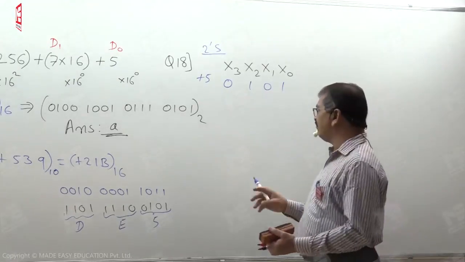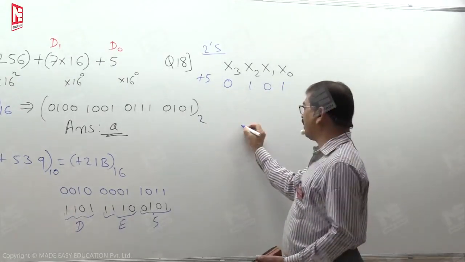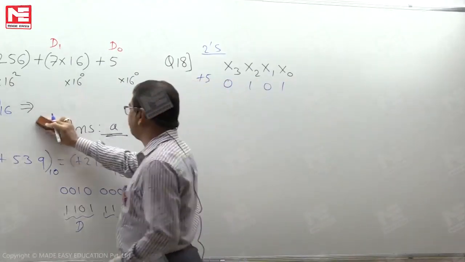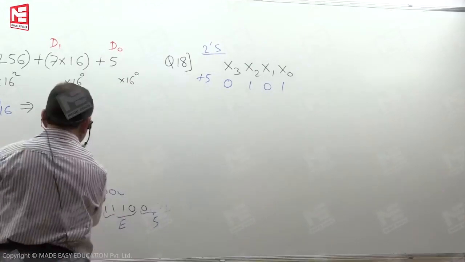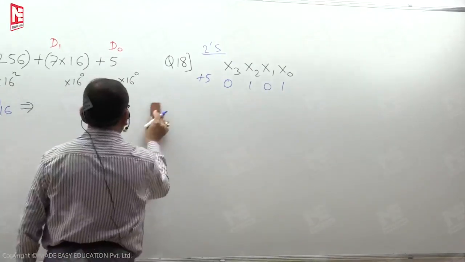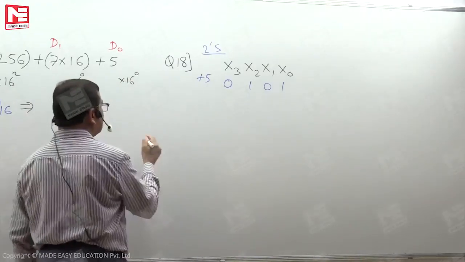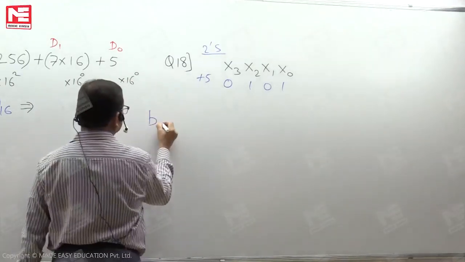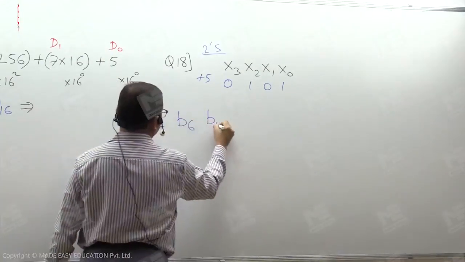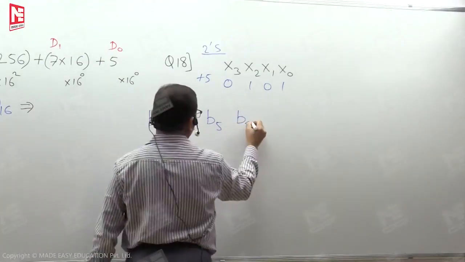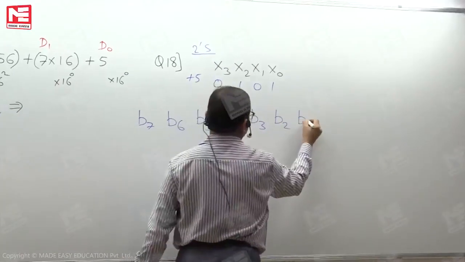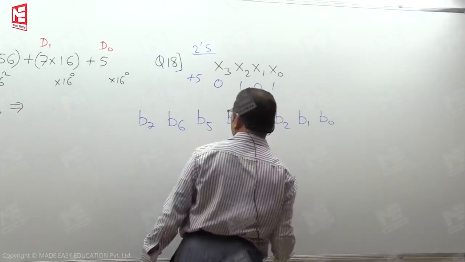When we are expressing this number with the 8-bit format, let me consider the bits as B7, B6, B5, B4, B3, B2, B1 and B0.